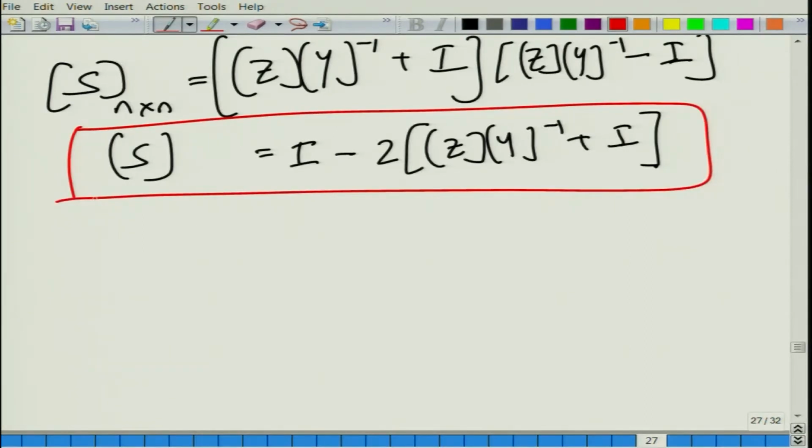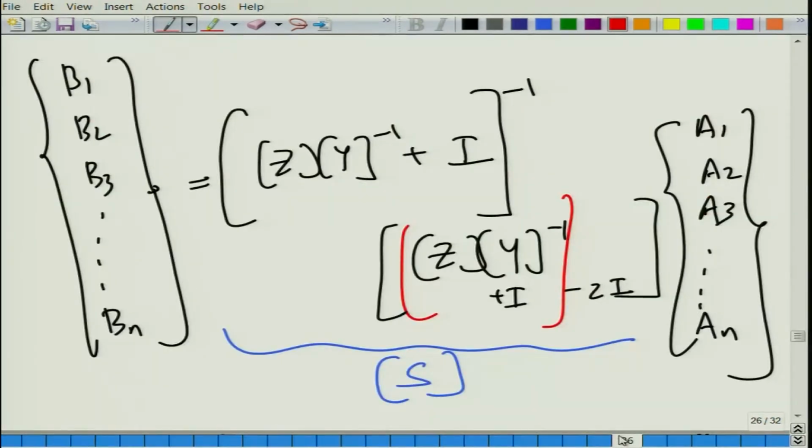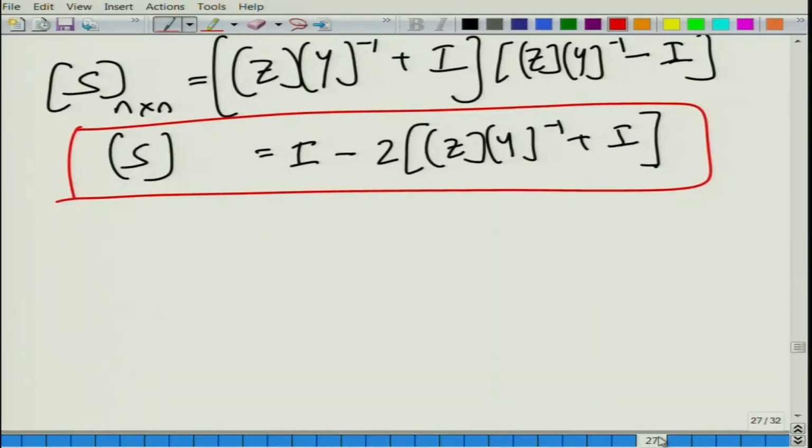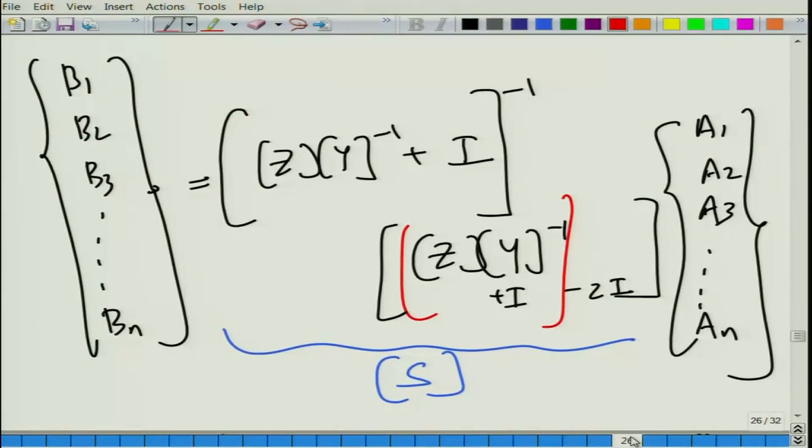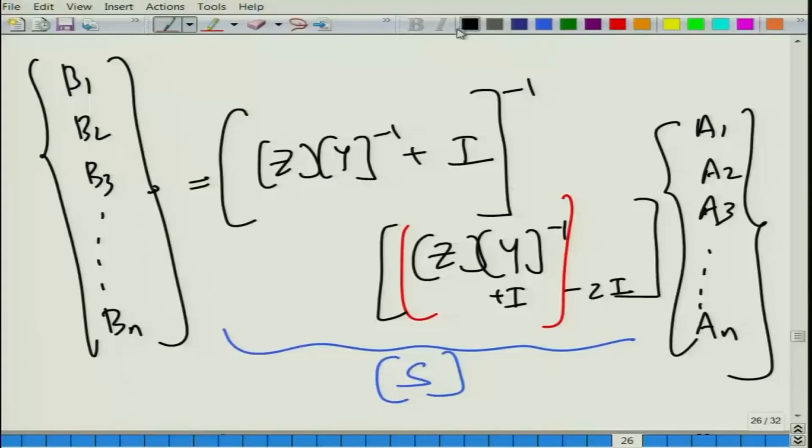Basically, the scattering matrix relates the waves that are reflected from the ports to the incident waves. So, now we might be asking why are we doing this. This is a very powerful representation. You would realize the importance of this by considering an n plus m system, where you can have n inputs and m outputs. So, n can be any number, you can actually put n plus m instead of n.